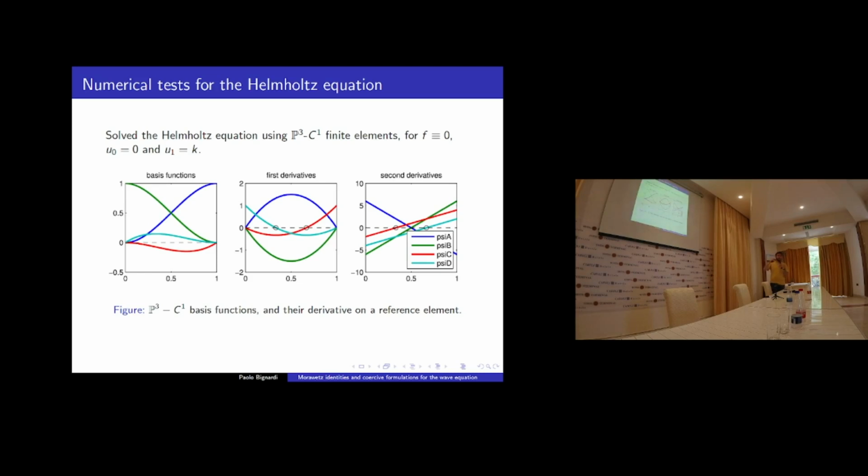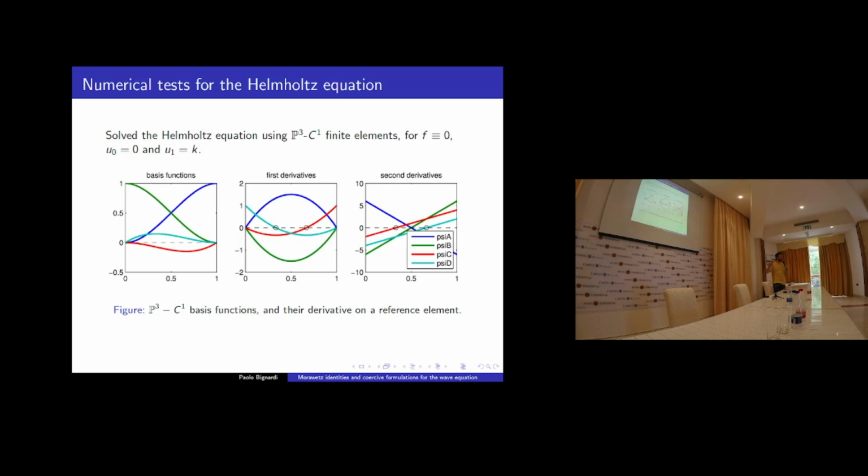So if you split the stiffness matrix into two parts, the part with the contribution from the green and blue functions and the one from the light blue and red functions, and you compute the condition number, the one for the first part, for the green and blue functions, is quite small.